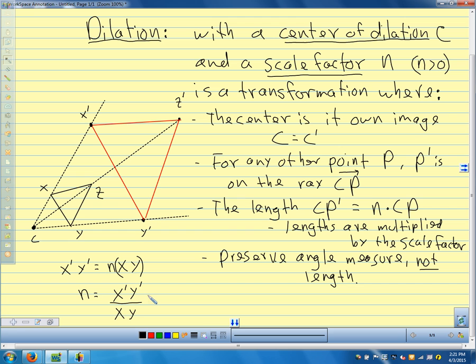Just like we did with similarity, this one is 3 times as big as the other one. The scale factor is 3. And these 2 triangles would be similar. I know I didn't do the drawing perfectly, but we'll do an example next where we actually measure it out to come up with a dilation.